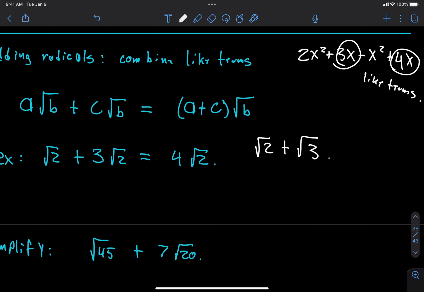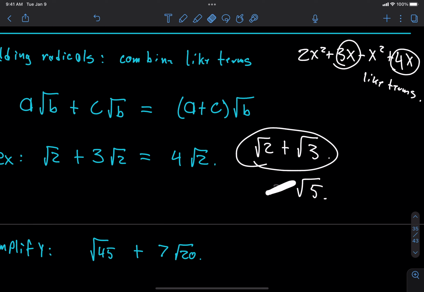So a mistake that I see very, very often in 115 is that on a homework or a quiz, a student will see something like this, and they'll say, aha, square root of 5. But that's not actually true. The square root of 2 and the square root of 3 do not sum to the square root of 5, in fact.